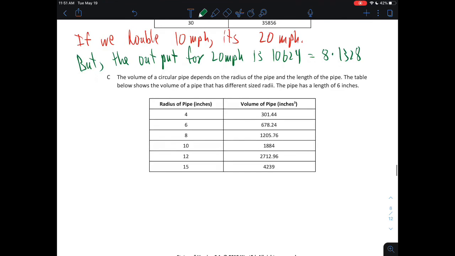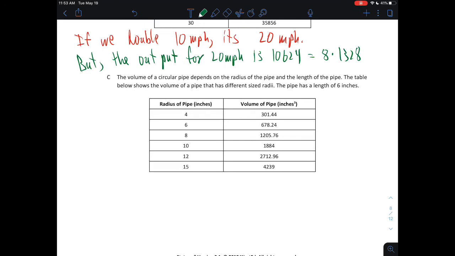And now finally, part C. The volume of a circular pipe depends on the radius of the pipe and the length of the pipe. The table below shows the volume of a pipe that has different sized radii. The pipe has a length of 6 inches. So the first column gives us radius of pipe measured in inches, and then the second column gives us volume of pipe, which is measured in cubic inches.